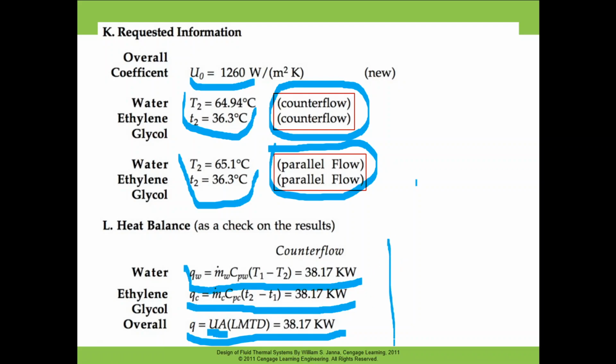You have to check that all three heats come out to be the same, because there is no loss and no work done, so the heat exchanged between the two fluids should be the same. The heat gained by the cold fluid should be equal to the heat lost by the warm fluid.